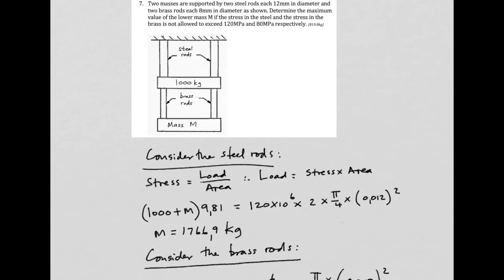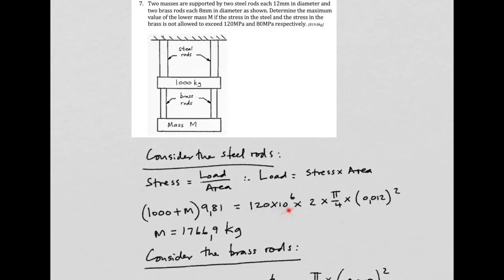Now the 2 steel rods, there they are, support not only the 1,000 kilogram but also the mass M. So 1,000 plus M is the total mass that they support. We're obviously neglecting their own mass because that wasn't given in the question. But anyway, they're supporting 1,000 kilograms plus the unknown mass M. We multiply all of that by 9.81 to get a force.